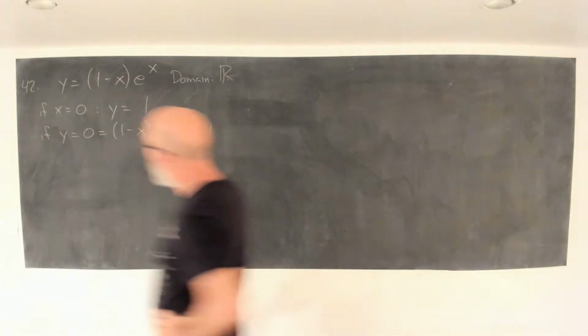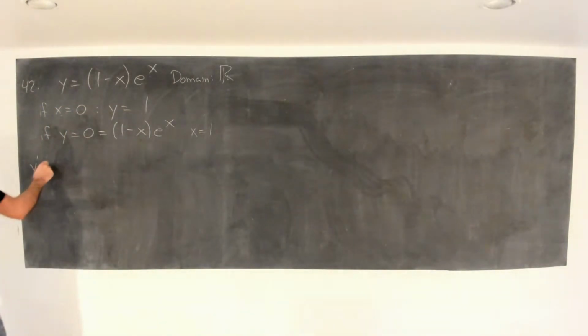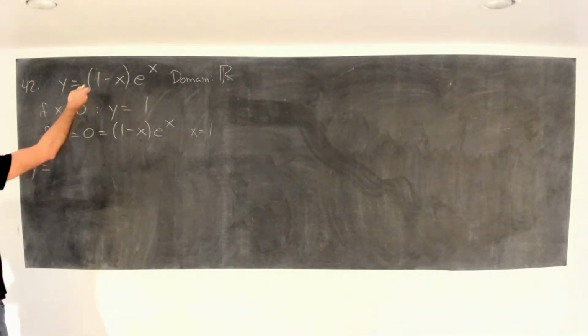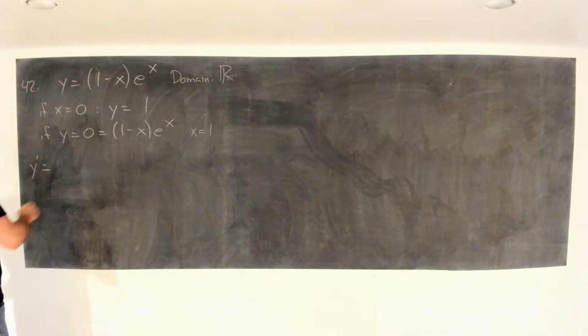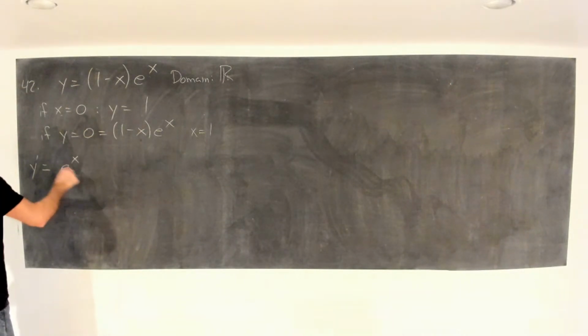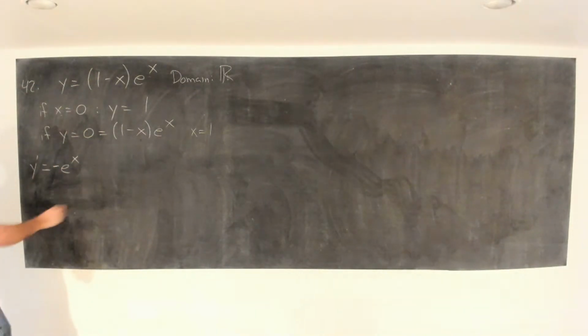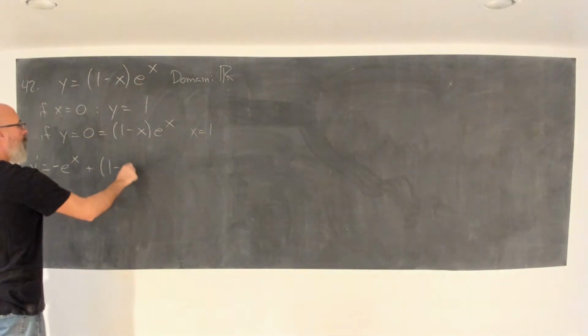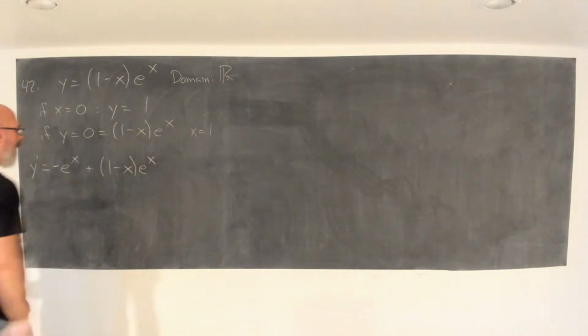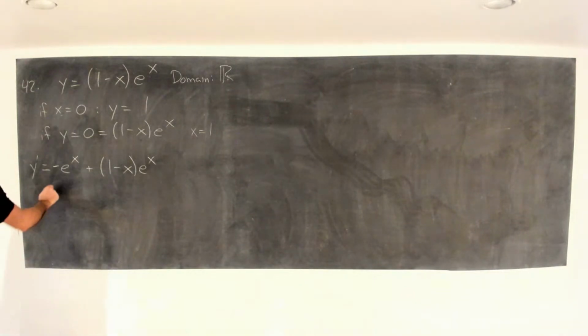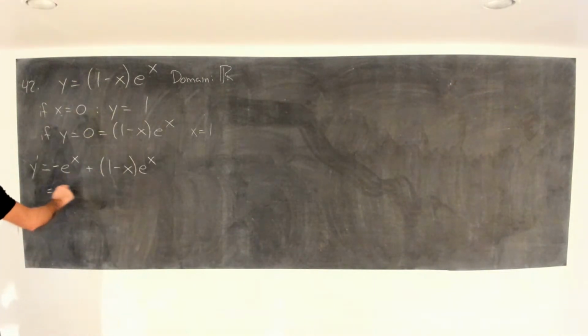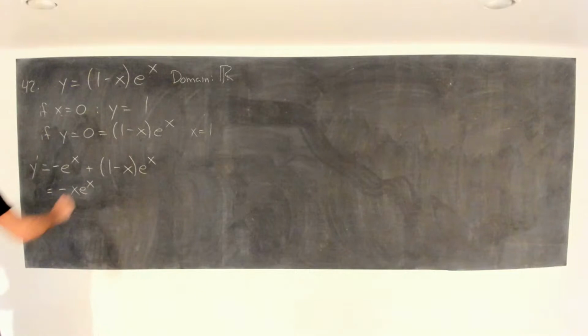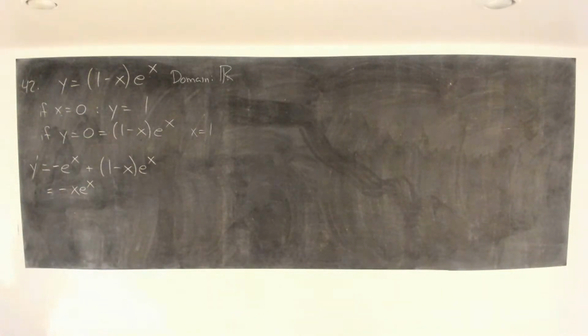Let's move on to the first derivative. This is a product, so product rule applies. Differentiate the first one, leaving the second one fixed, plus, leaving the first one fixed, differentiate the second one, which is easily seen to be negative x e to the x. Is it easily seen to be that?